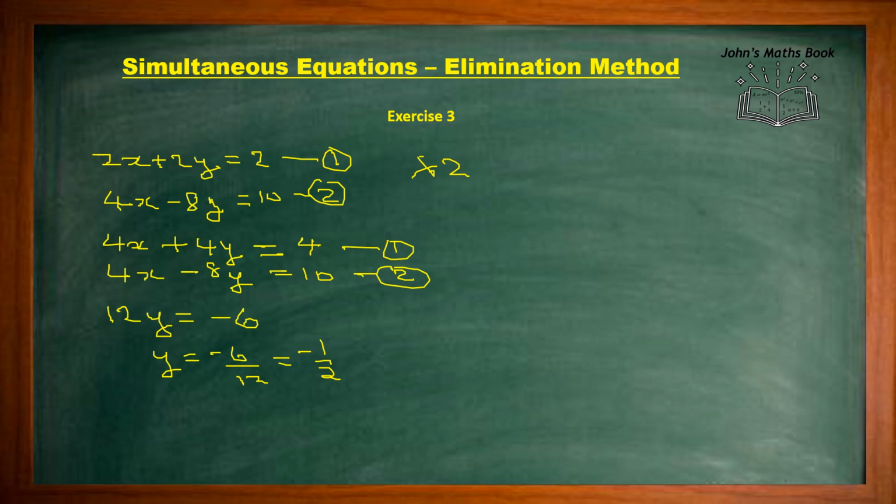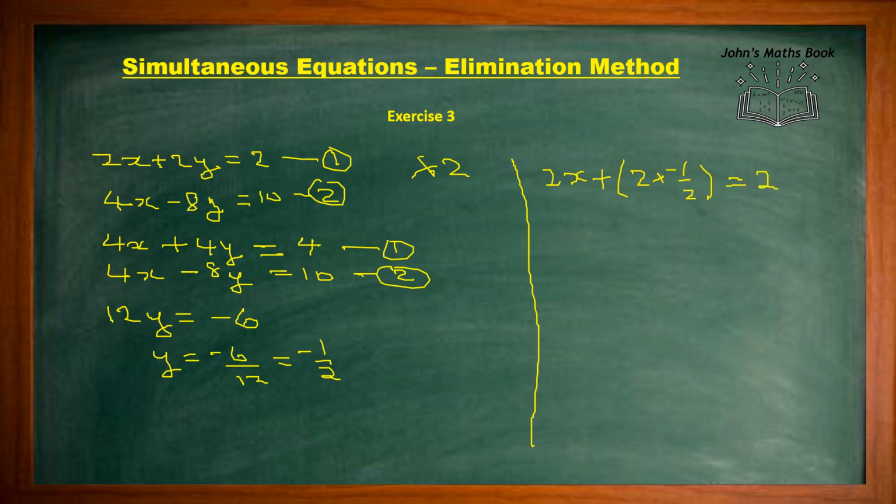So now I'm going to substitute the value for y into equation 1 to get the value of x. So let's do that over here. Let's draw a line down here. So substituting y into equation 1, we have 2x plus 2 times minus a half, since y is minus a half, is equal to 2.